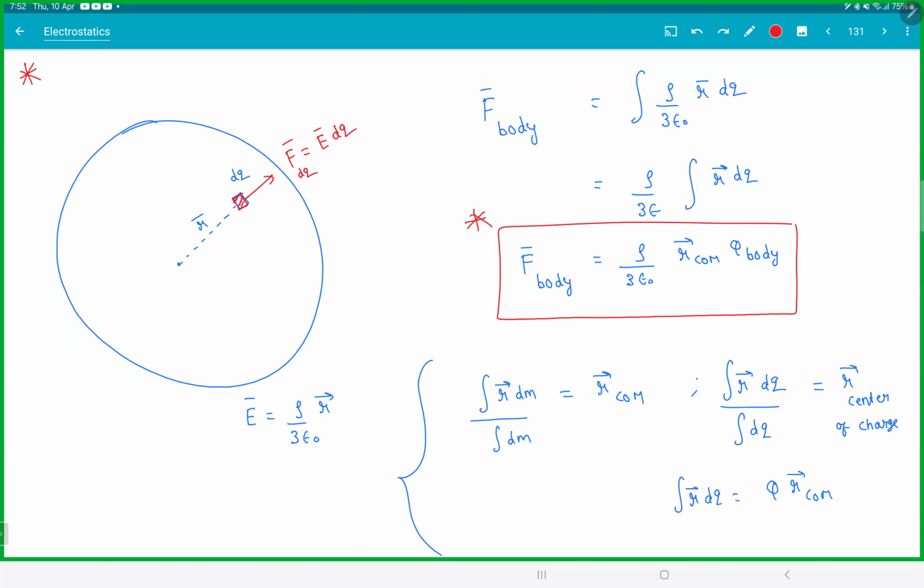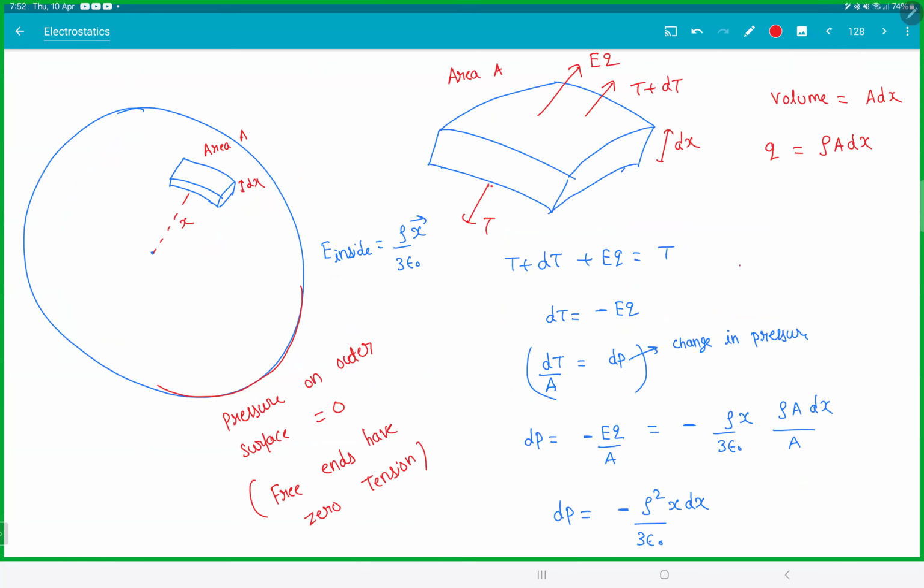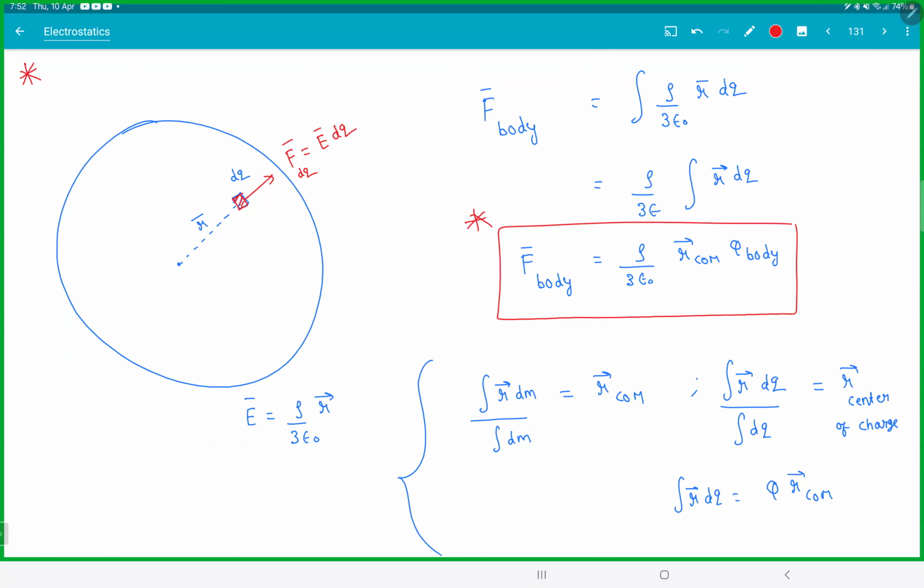Tell me one thing: if I'm finding center of mass, when you say dm, what are you taking? dq. Something doesn't matter, take anything. If you want an element, fine, I'm taking this element. Area is tending to 0. It didn't matter, it got cancelled, it went into the integral. So the moment you say dq, you're taking such a small piece, it is negligible size, so it's taken care of. Everyone clear with this?